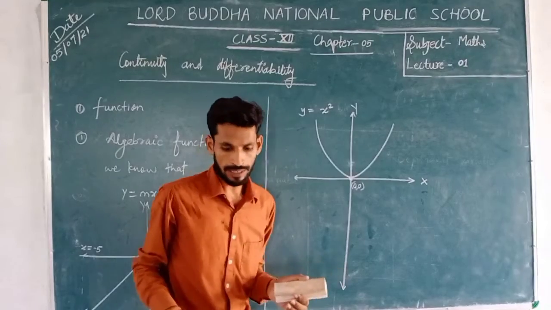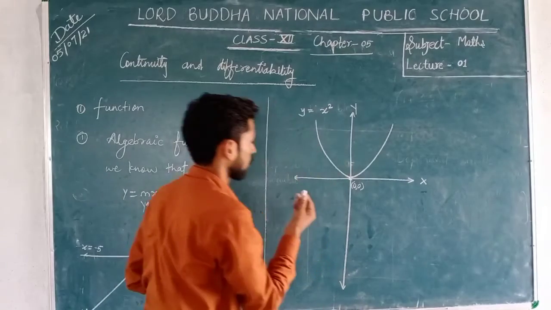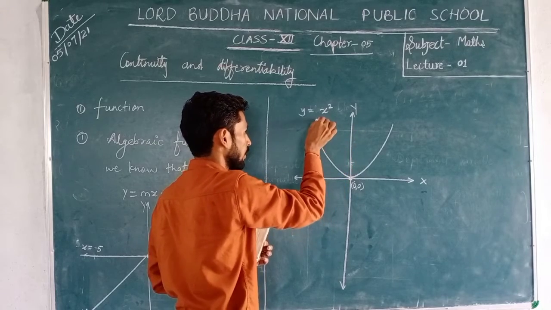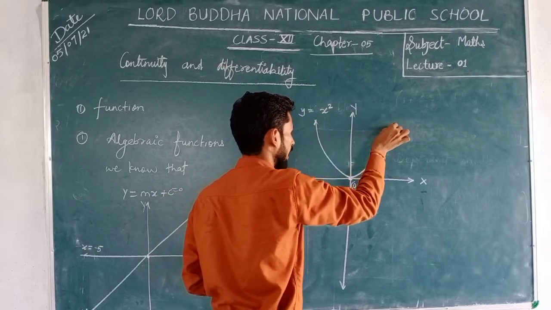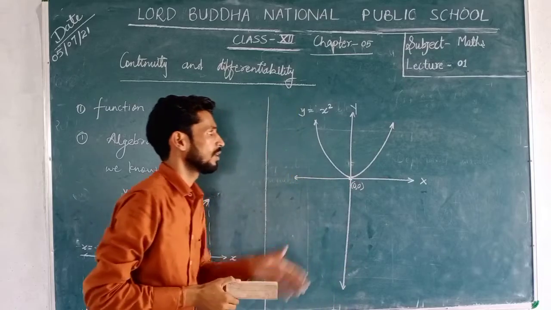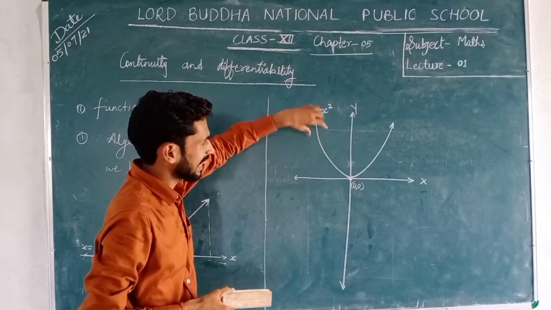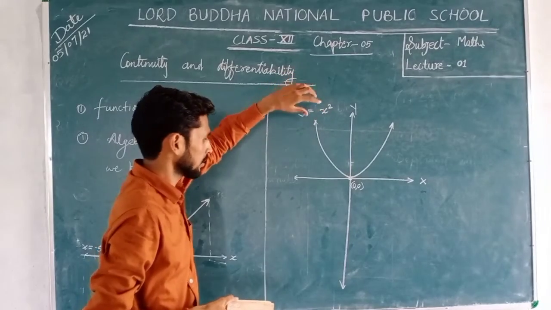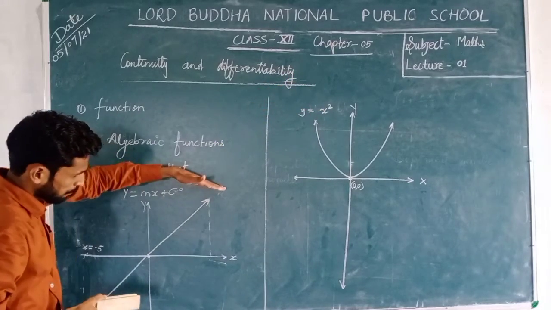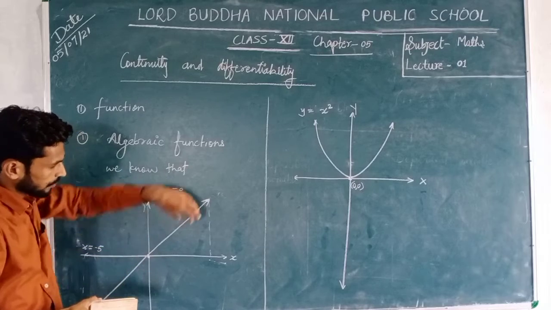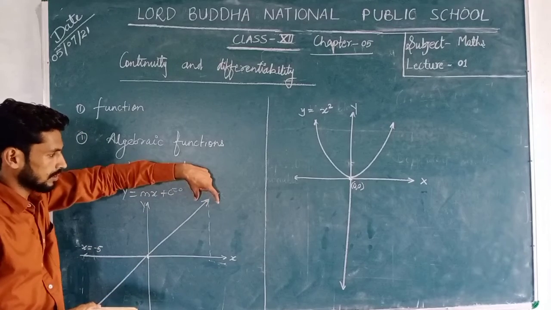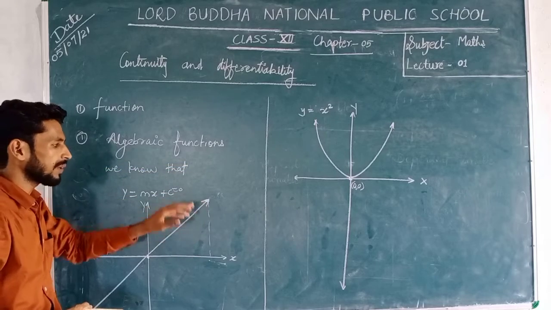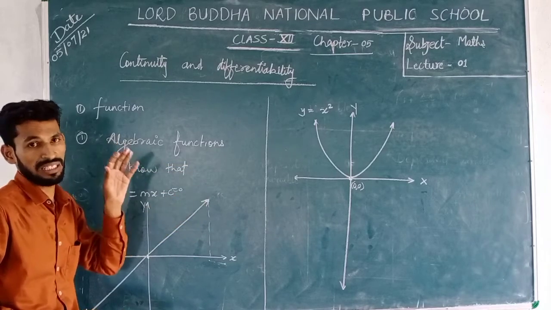If we go further to discuss this graph, then there will be an arrow at each end. Why are we taking a sign like an arrow here? Because a few minutes ago we saw that an arrow represents the limit of the function.